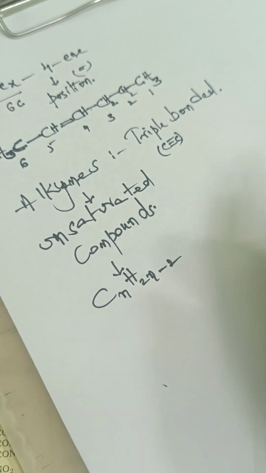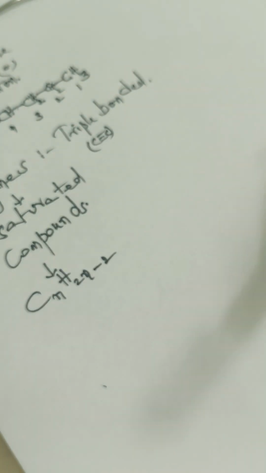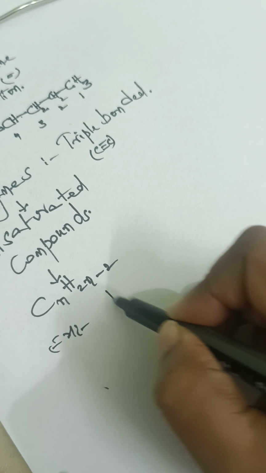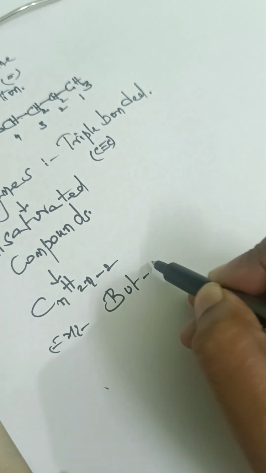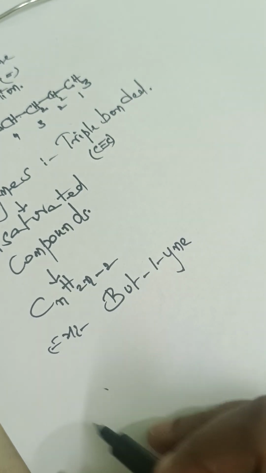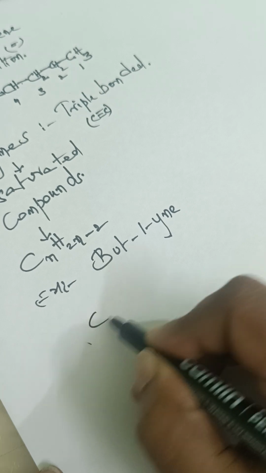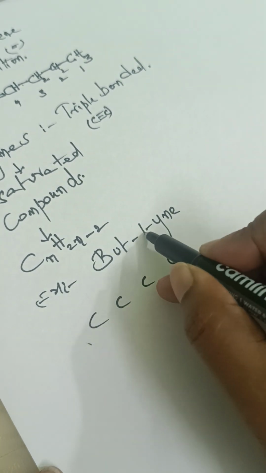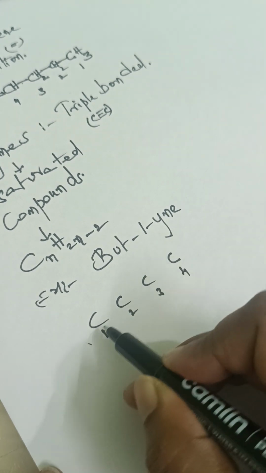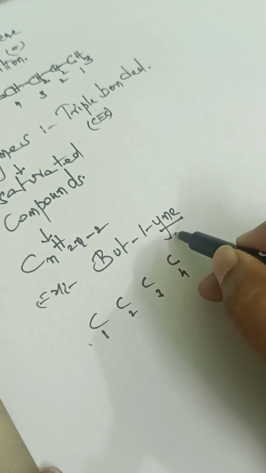Now under this, what example have they taken? But-1-yne. The 1 means you can number from the left-hand side or the right-hand side. There are 4 carbons: 1, 2, 3, 4. But-1-yne means at C1 there is a triple bond, since yne means triple bond.